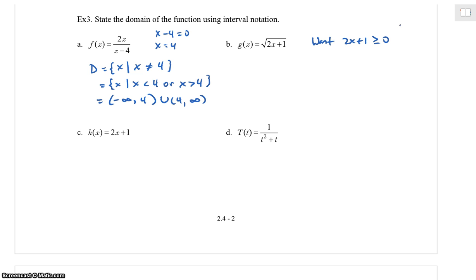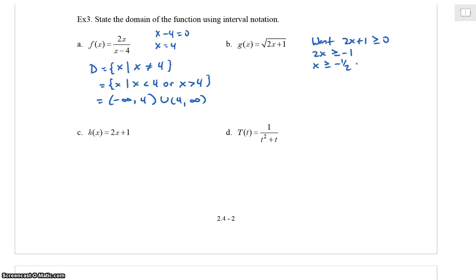Solving this inequality for x, subtract 1 from both sides to obtain 2x greater than or equal to negative 1. Then divide both sides by 2 to obtain x greater than or equal to negative 1/2. So what this is telling us is that so long as x is greater than or equal to negative 1/2, we will stay away from negative numbers under the square root.